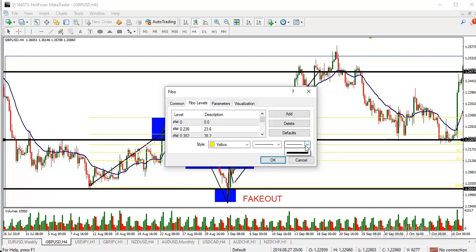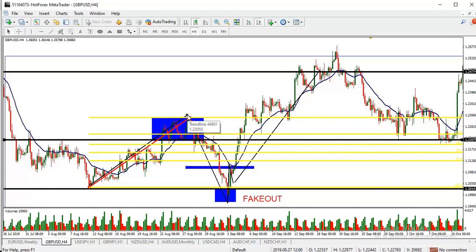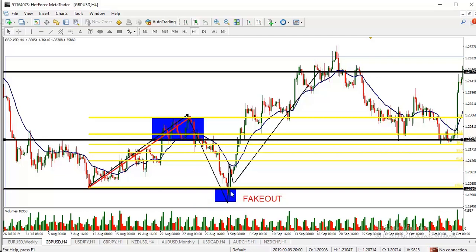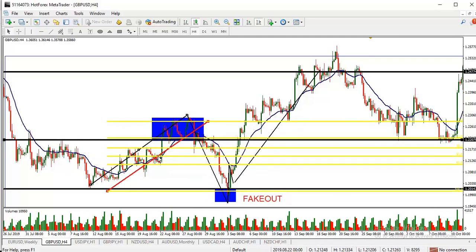Now, instead of them to retrace 50%, either at this particular 50% level or this particular 61.8, they will go below 100% to fake us out. Now, when they fake us out, what they will do is what? They will now push price up, forming a what? A V pattern. They will form V pattern.